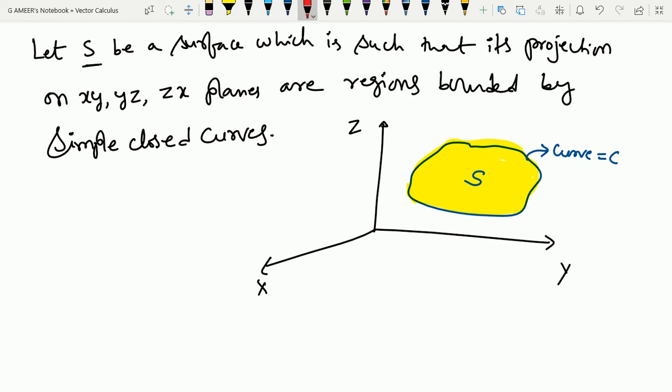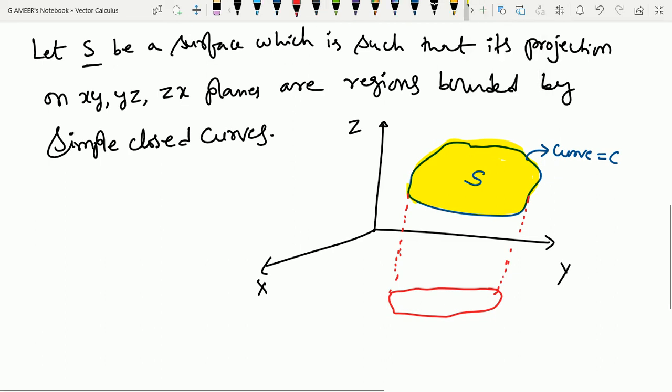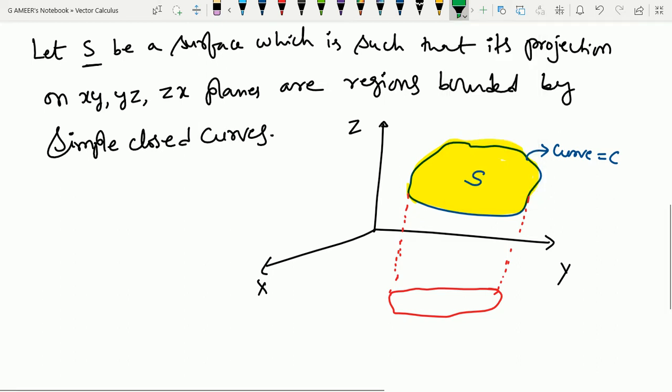Now I am talking about its projection. When we say its projection, it is bounded by curves. This is the curve. Okay, now this is the region.